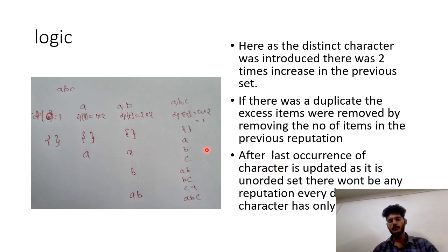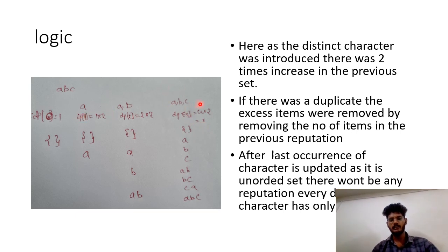We remove the number of repetitions and update them in an unordered map. We update A, B and so on in the map, so that there won't be any repetition every time. If there is a new A, the stored location will be changed to the new one.